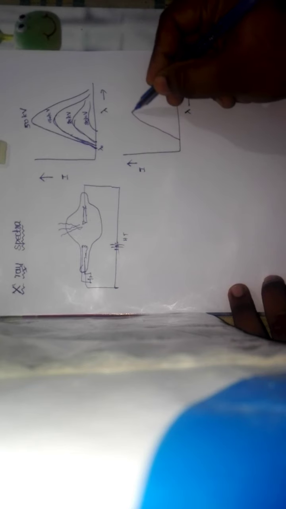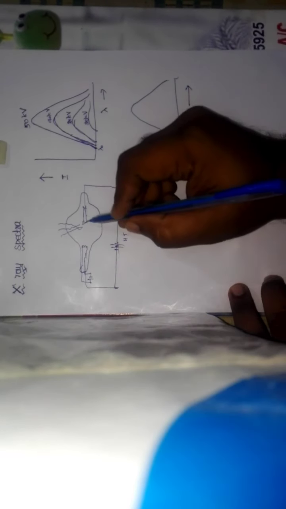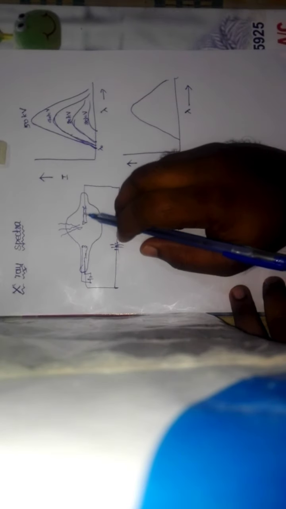See the graph plotted between the relative intensity and wavelength lambda. First of all, take the tungsten filament; this gives a continuous spectra. Suppose instead of tungsten we replace it with molybdenum.